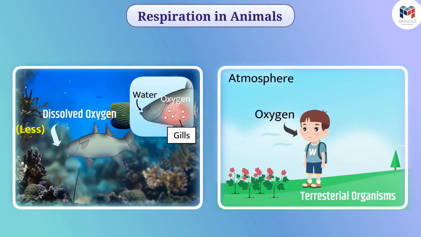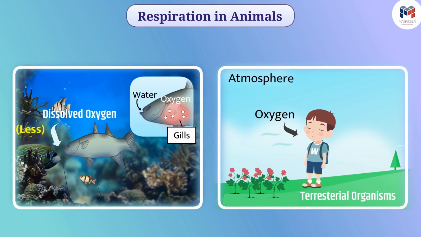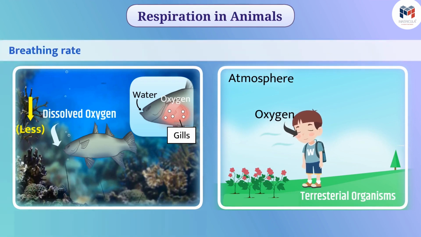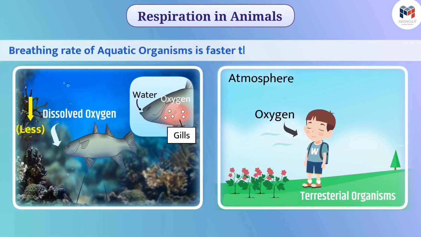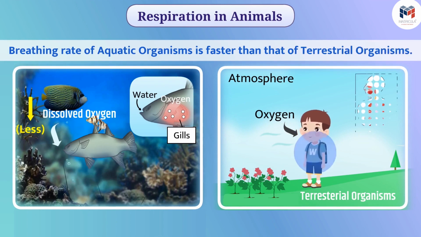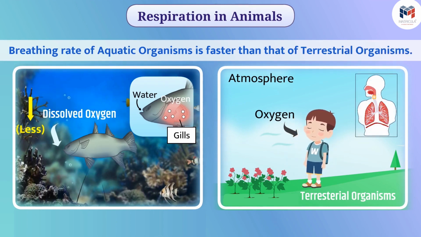Comparatively, the amount of soluble oxygen present in water is less than that of the atmosphere. Therefore, the breathing rate of aquatic organisms is faster than that of terrestrial organisms. In different terrestrial organisms, oxygen is absorbed by different organs.